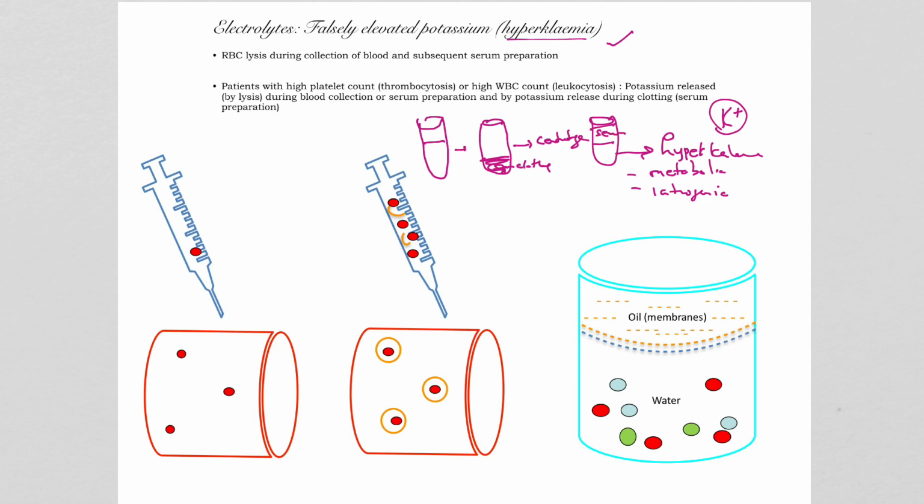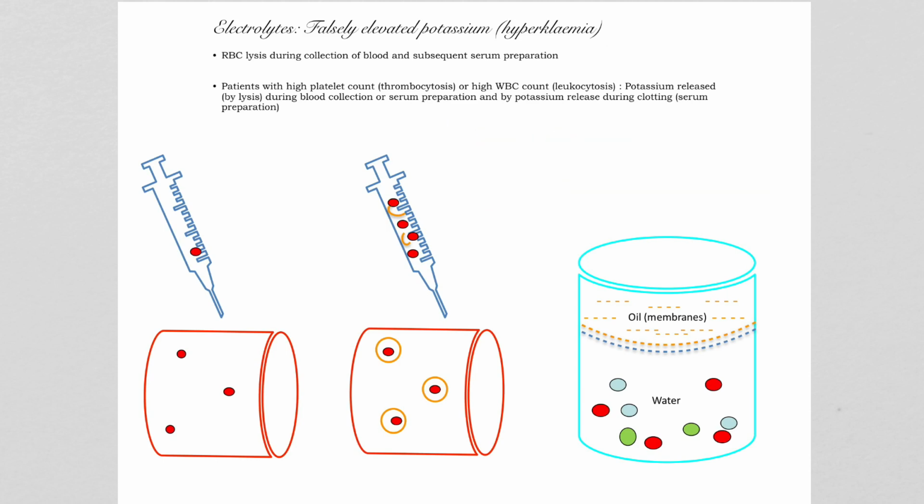Now if we don't allow the blood to clot and we centrifuge, then the cells go to the bottom. Same thing here, the red blood cells and white blood cells go to the bottom, and then we get the plasma. So serum and plasma. Serum is the most common liquid that is used for measuring various chemicals. Plasma is less frequently used.